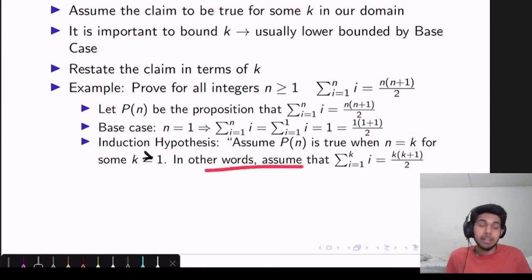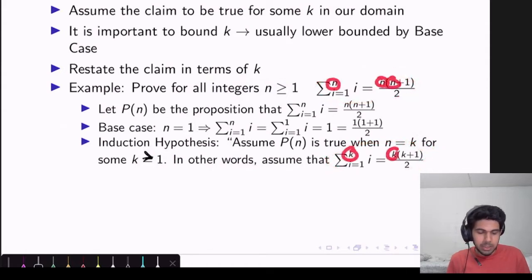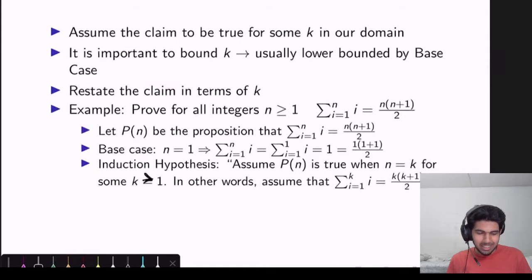And then here, I like to restate what we're assuming just so it's clear for myself and for whoever is reading the proof. So we're assuming this summation equals this right-hand side, and the only difference between this and what we're given is wherever we see an n up here, we've substituted it with the k. So that's the induction hypothesis. It's a small step, but it's very important.